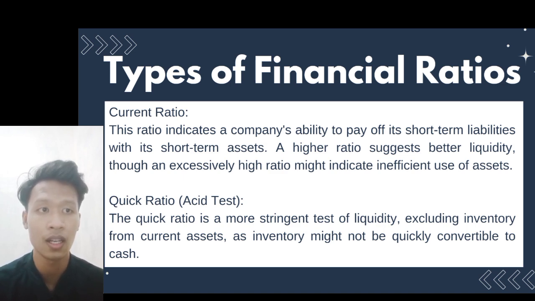A higher ratio suggests better liquidity, though an excessively high ratio might indicate inefficient use of assets. The quick ratio, or acid test, is a more stringent test of liquidity, excluding inventory from current assets, as inventory might not be quickly convertible to cash.